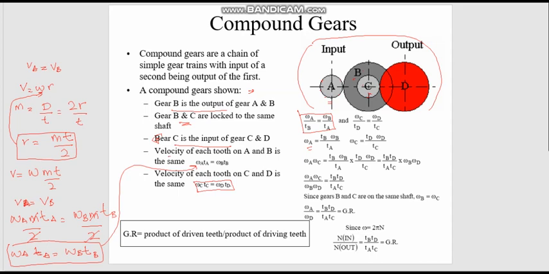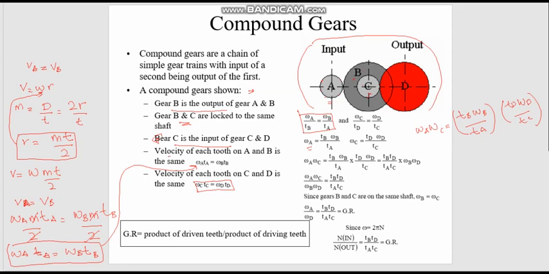So if we multiply omega A and omega C, omega A times omega C is basically equal to TB omega B over TA times TD omega D divided by TC.